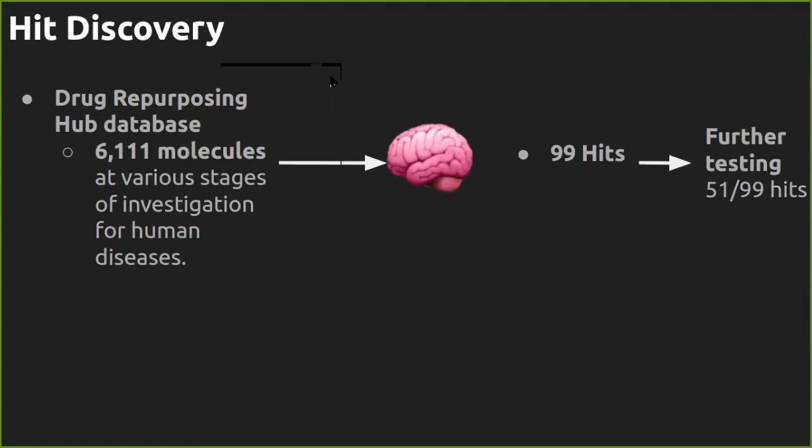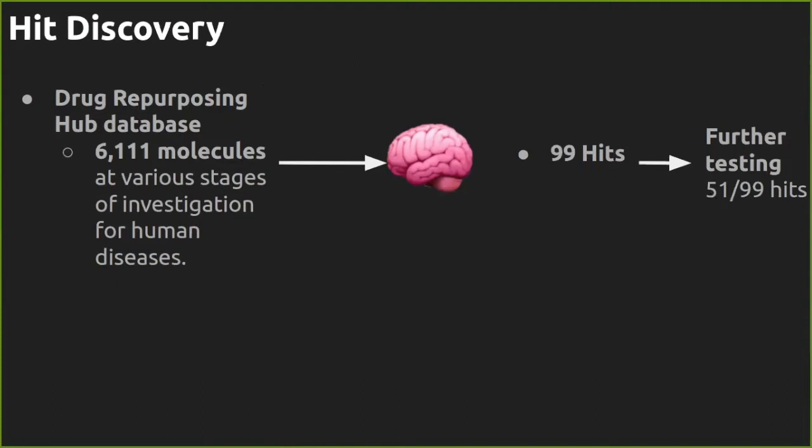So on the drug repurposing hub database, predictions were made, and the 99 compounds with the best predicted activity were ordered in to the lab, and further testing was done.